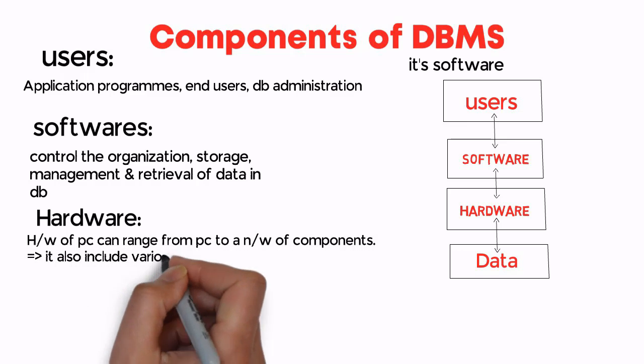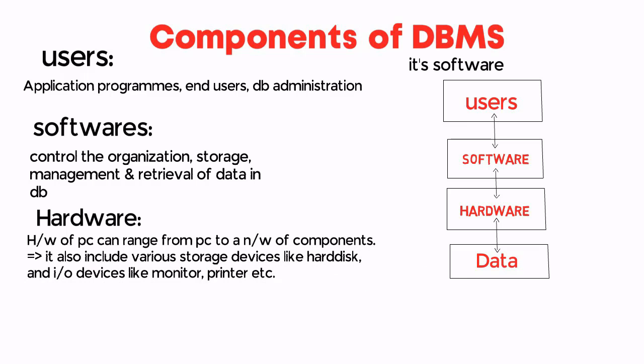So hardware of a system can range from a PC to a network of components, and it also includes various storage devices like hard disk and some IO devices, input output devices like monitor, printer, etc. So these all come under the hardware.